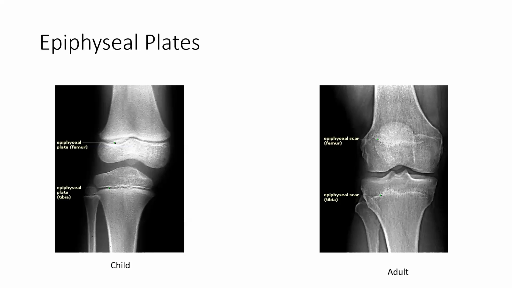This is an epiphyseal plate. On the left-hand side, you see a femur and a tibia and a fibula. These dark lines right here are areas where we have hyaline cartilage that are actively growing. They're laying down bone. This is how children's bones grow to adult stature.